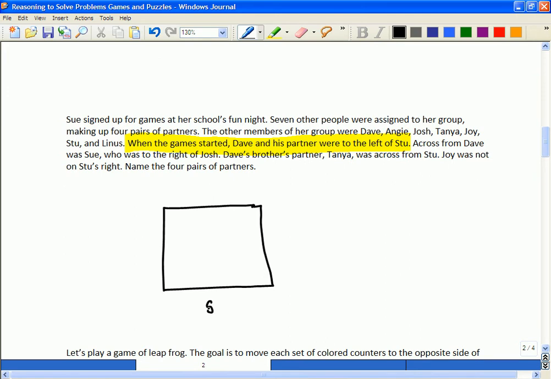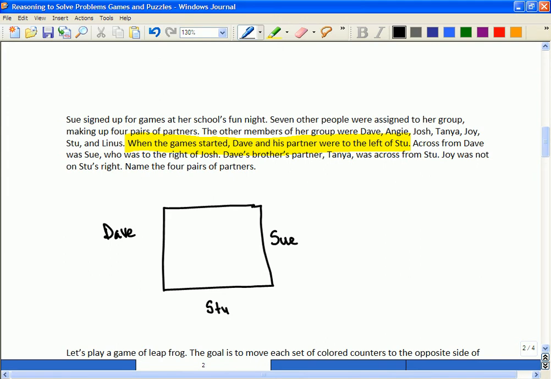Stu's here, and then I put Dave to the left. And then Sue is across from Dave. Okay. And then you put Josh beside Sue. It says who was to the right of Josh.